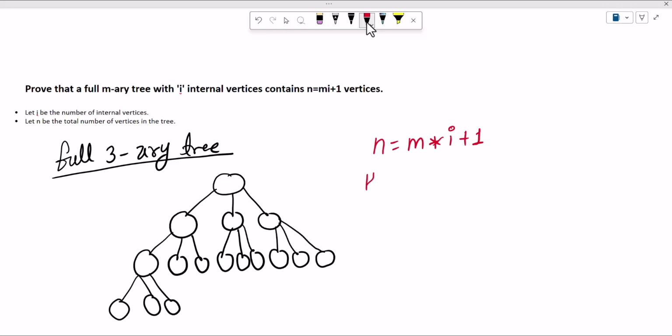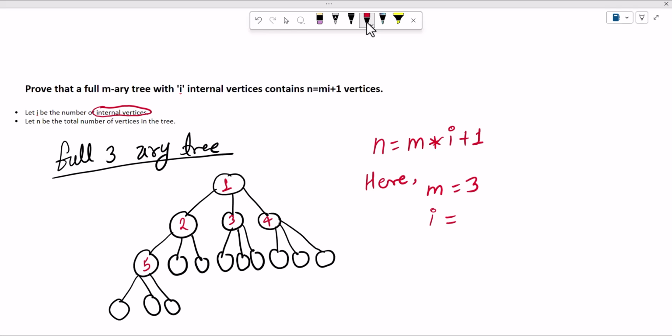So here m equals 3, as we have assumed a 3-ary tree. I is the number of internal vertices. So these are internal vertices: 1, 2, 3, 4 and 5.